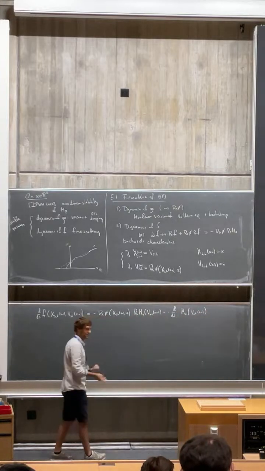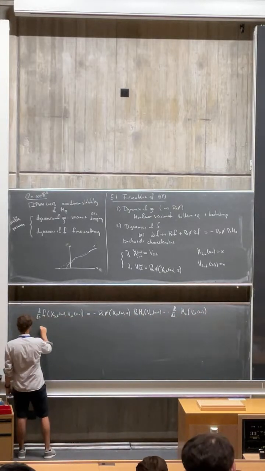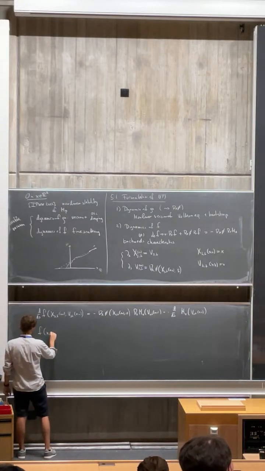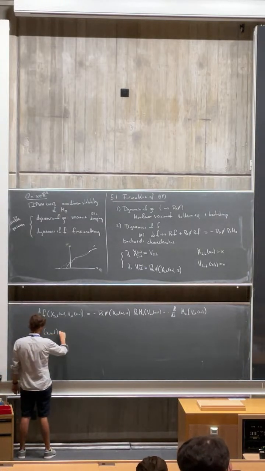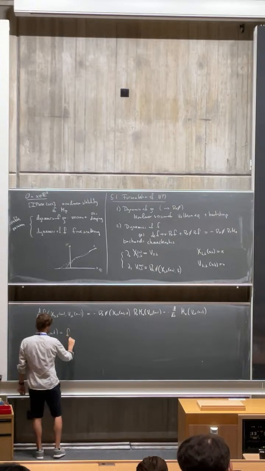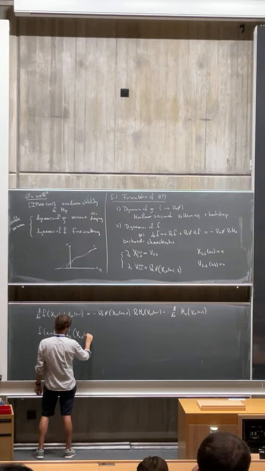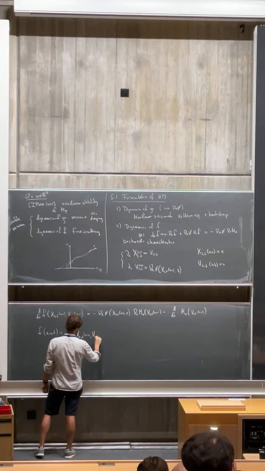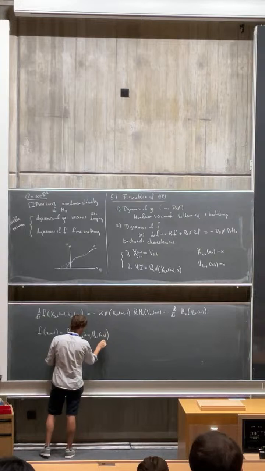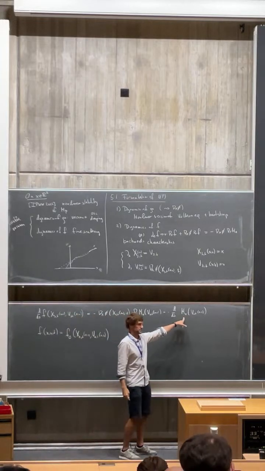So if you integrate, you get that your function at the point x, v, t is equal to the initial data that you move from time 0 to time t, plus the integral of this.